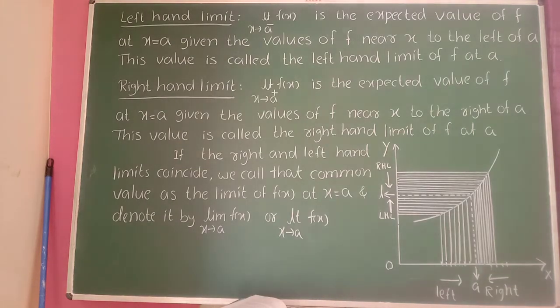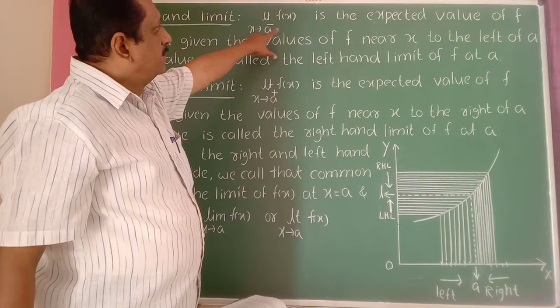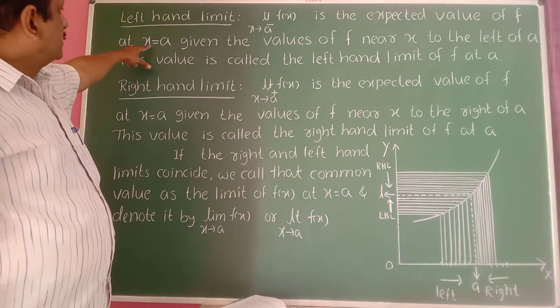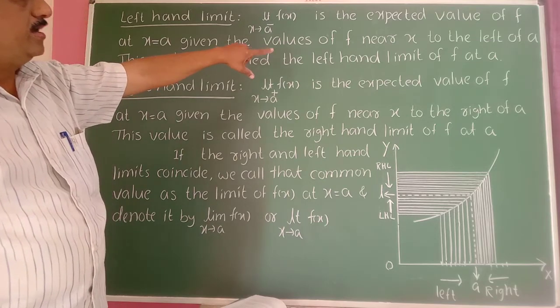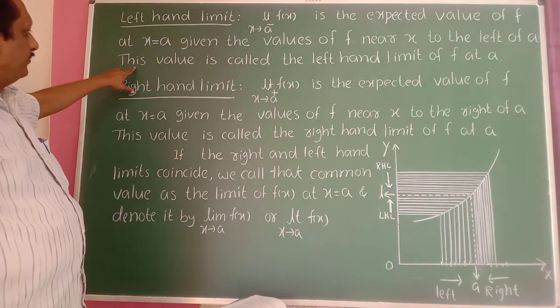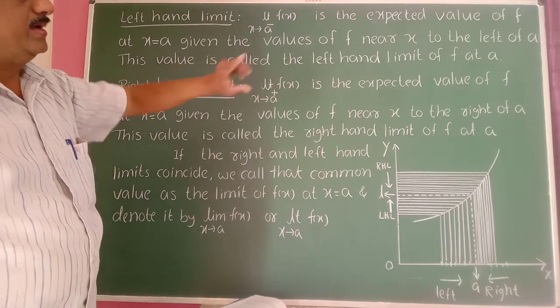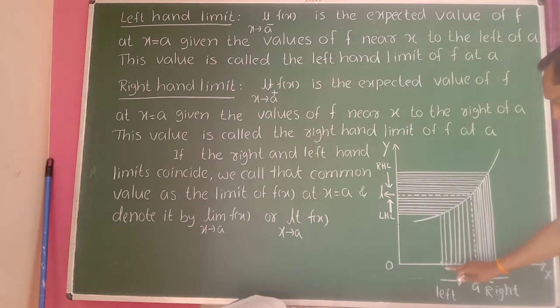Here, the left hand limit, limit f of x as x tending to A minus, is the expected value of f at x equal to A given the values of f near x to the left of A. This value is called the left hand limit of f at A. Here there is a value A. You are taking values nearer to A from the left hand side.